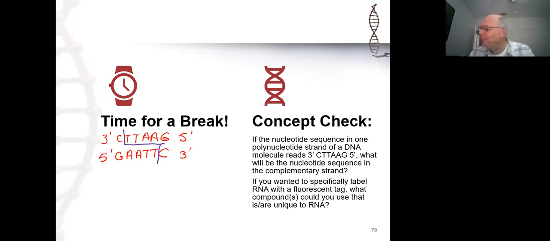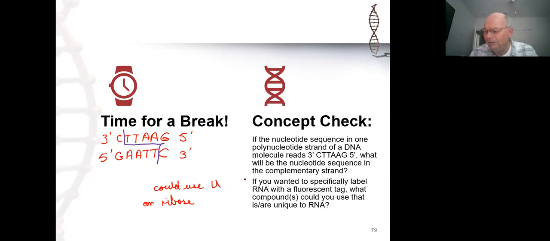ironically enough. So if you wanted to specifically label RNA, what could you use as a fluorescent tag? Well, remember, RNA doesn't have T, it has U. So we could use U. Or if we wanted to use a sugar, we could use ribose, because these are two of the molecular differences between RNA and DNA.